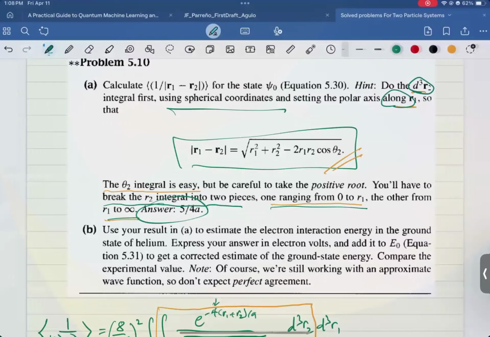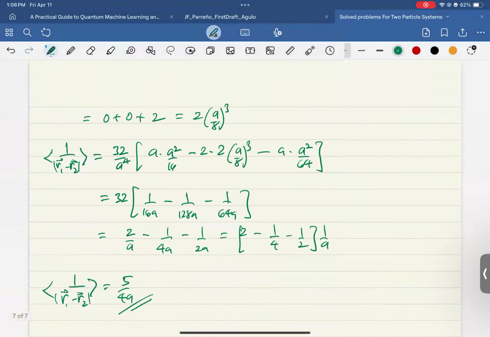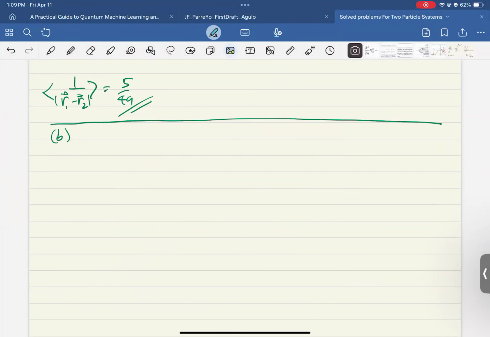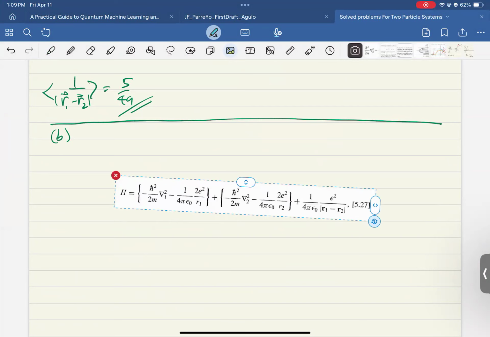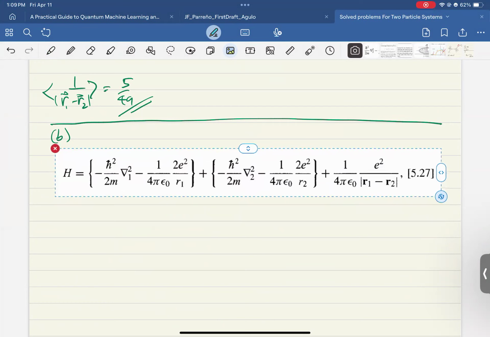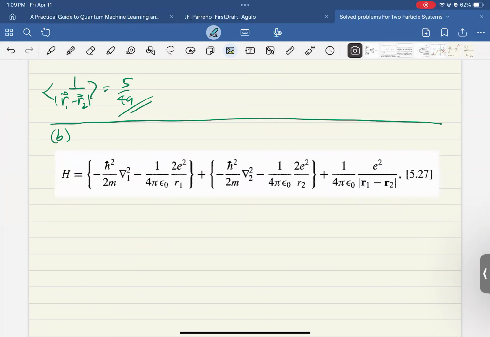Okay, so for letter B, so yan yung kinoconsider natin. Okay.